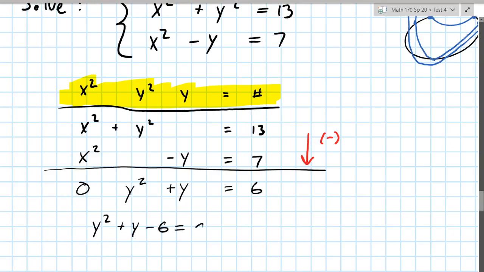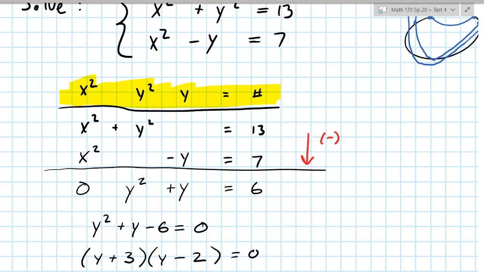Let's subtract the 6 over to the other side. And this looks like it's going to factor: y plus 3, y minus 2. Which means, in order for this to equal 0, y is either -3 or +2.